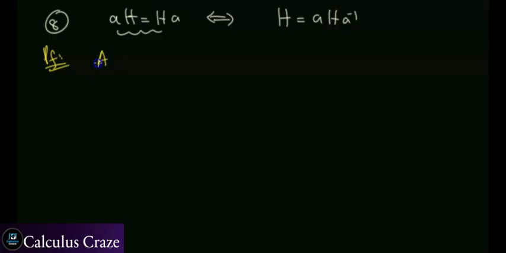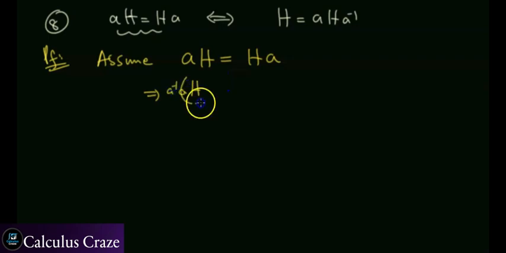Let's assume this is true. I think this side is trivial. If ah is same as ha, you just take the inverse multiplied, and oh, sorry, my bad. It will not be okay.